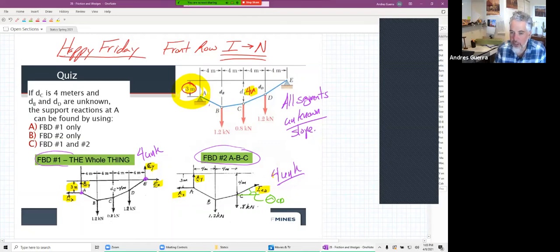The 4 meters also shows up between those 2 points where all of our unknowns occur. So even though we don't have a known slope, we're utilizing the known vertical distances, okay? When we have 4 unknowns in one FBD, we cannot solve this problem with just one FBD or the other. We really need both of those FBDs.